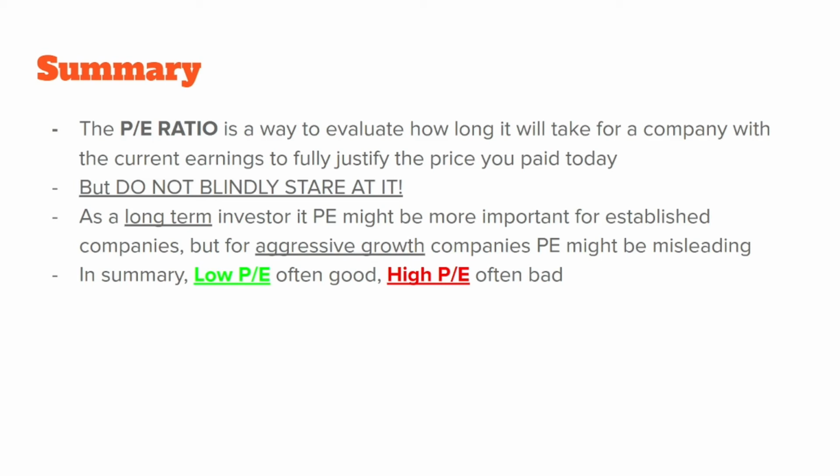But again, with aggressive growth, it's not really going to make sense to look at it too much. The one time it might make sense to look at PE ratios is if you want to compare them to the industry average. That's usually a good thing to at least look at. But if it's a super new company and you have reasons to believe it's going to grow a lot in the next years, maybe don't look too much at it unless it's some insane number.